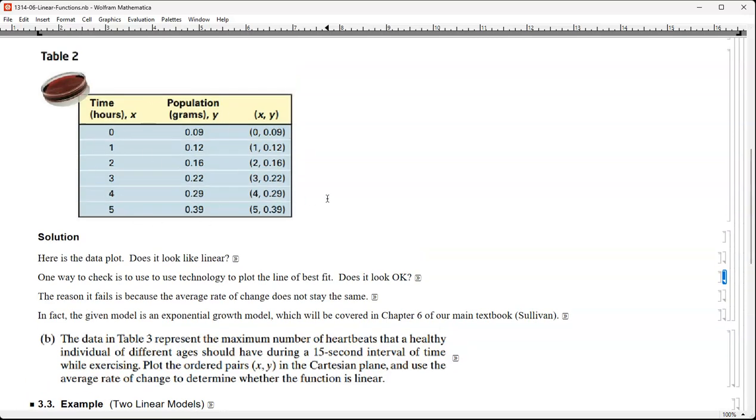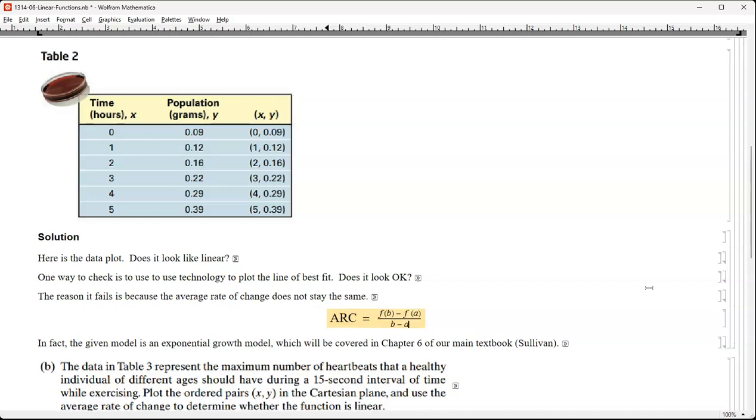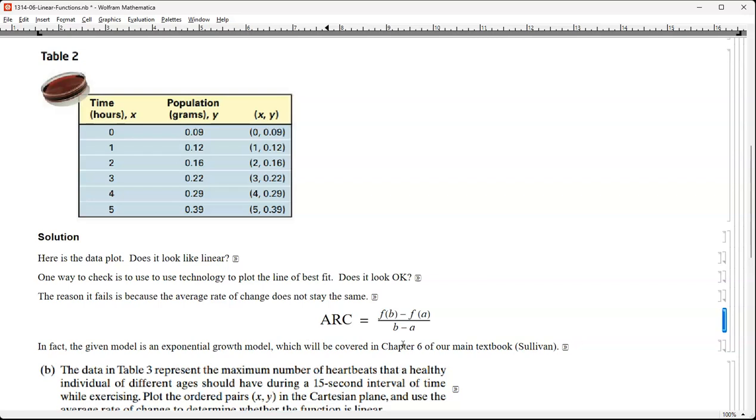The average rate of change. Basically, this is what you're looking for: f of b minus f of a over b minus a. That's the average rate of change in an interval a to b. So from 0 to 1, you want to do this computation.